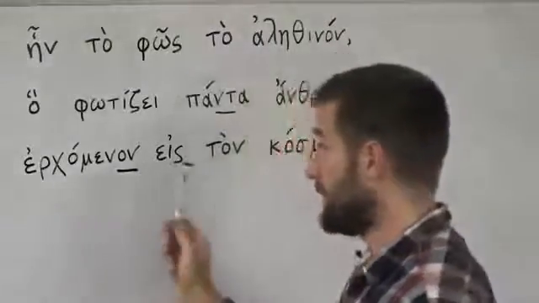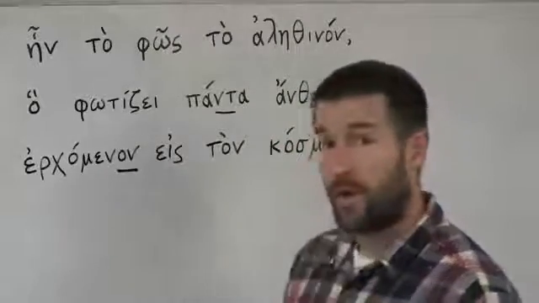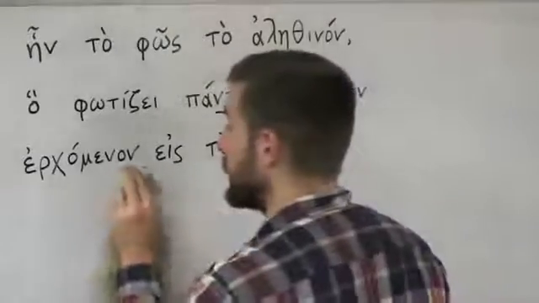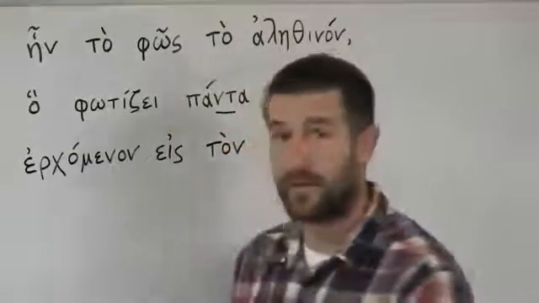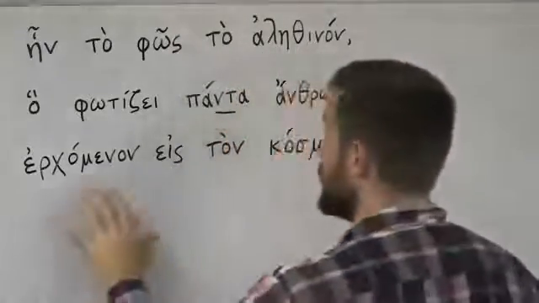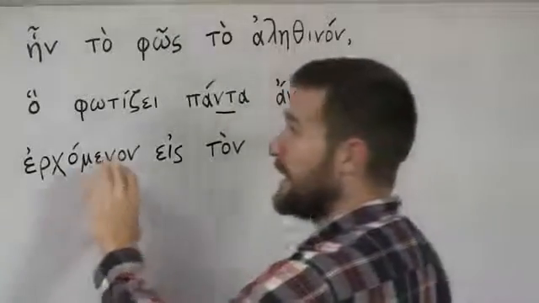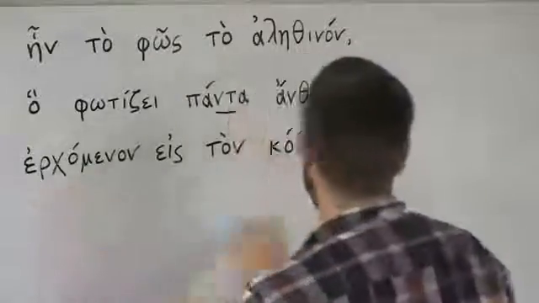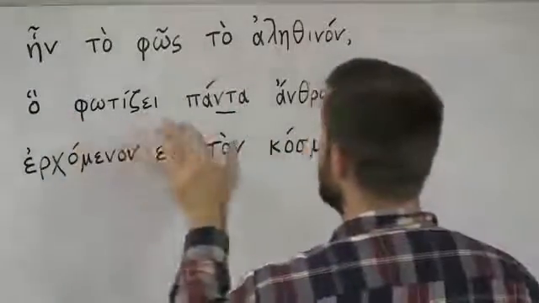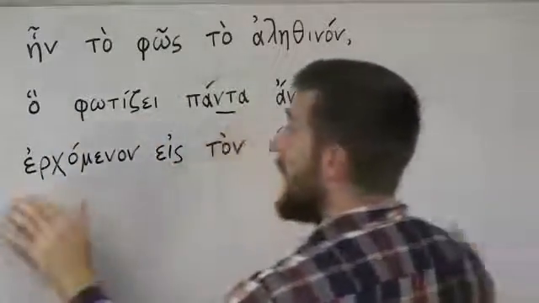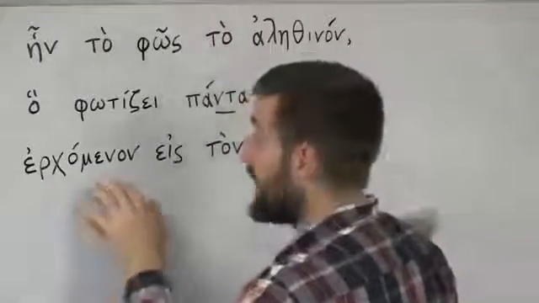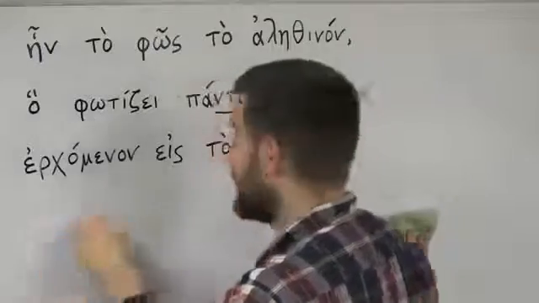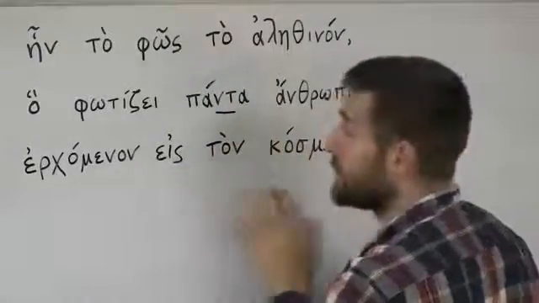So you're definitely going to want to get used to seeing that omicron nu ending at the end of the word. We'll talk about it in detail in a future lesson, but basically this word is derived from the Greek word for come. When it says photizei panta anthropon erchomenon, it means every man which cometh, or that is coming, eis ton kosmon, into the world.